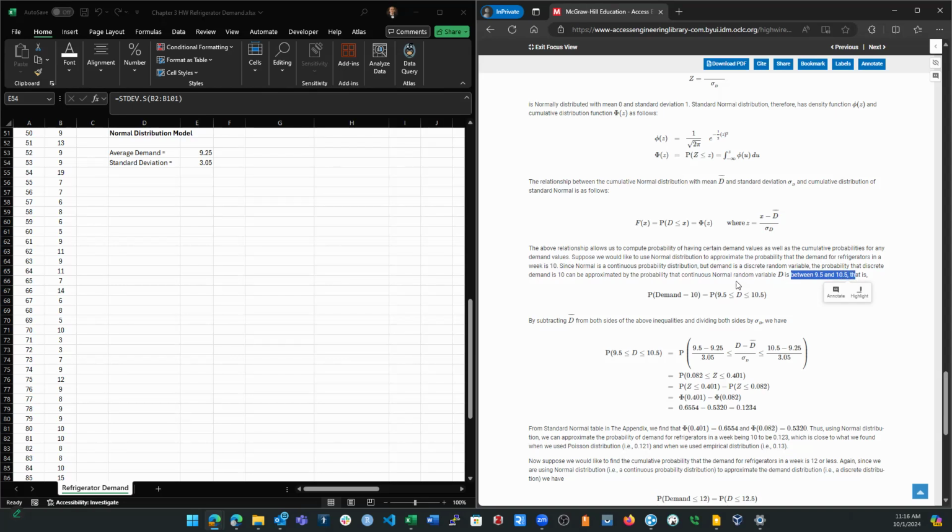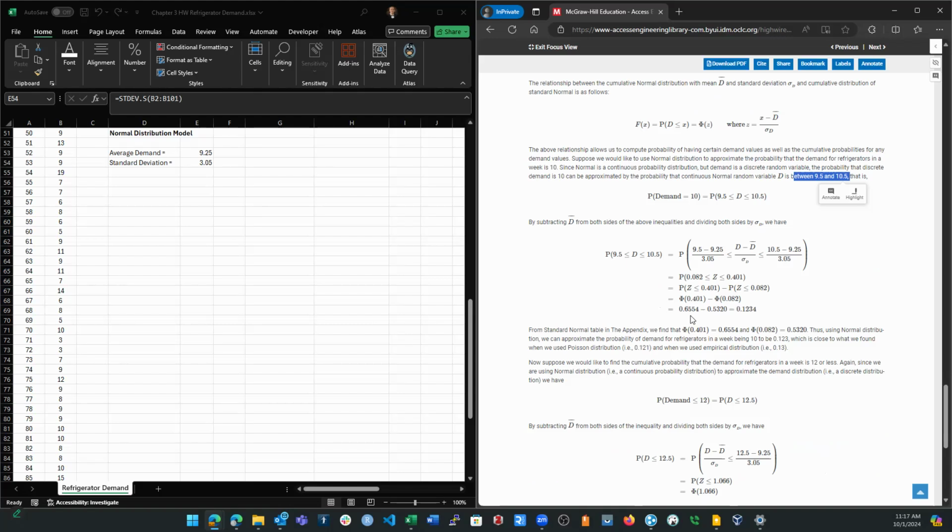So we have to take 9.5 and 10.5 to estimate what that 10 is. Basically, we are going to find in Excel the continuous normal value at 9.5 and at 10.5 and take the difference, and that will give us an approximation for the probability at the discrete number of 10.